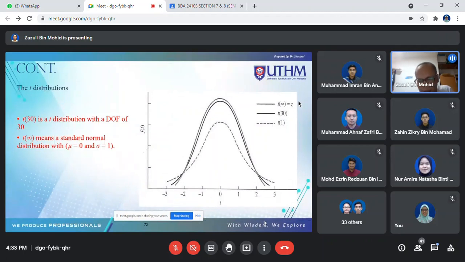This graph here is representing the t distributions. The maximum height of the graph depends on the degree of freedom. When the degree of freedom is 30, it is a t distribution with DOF of 30.